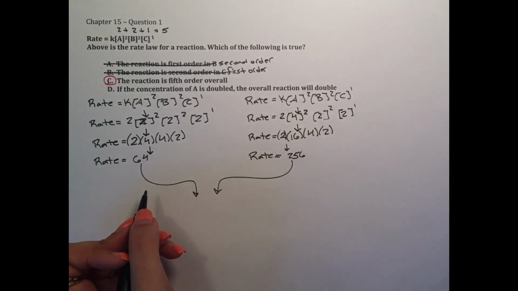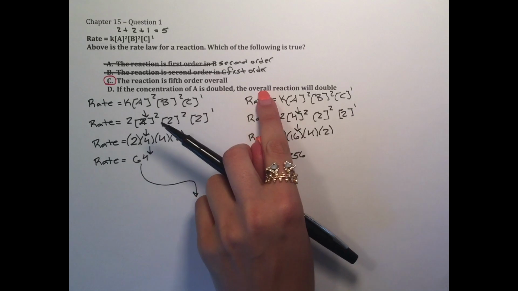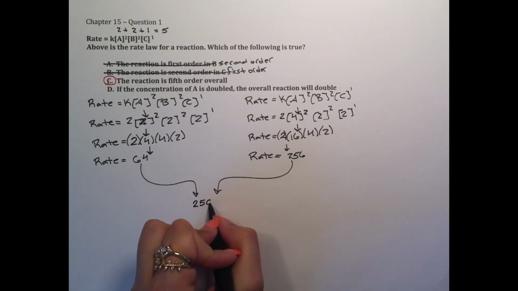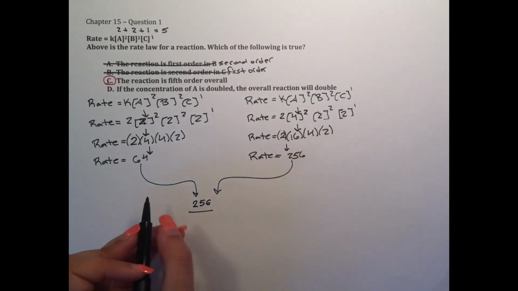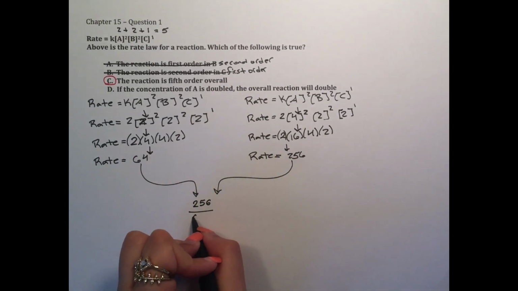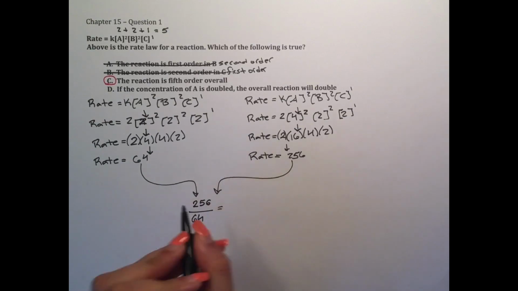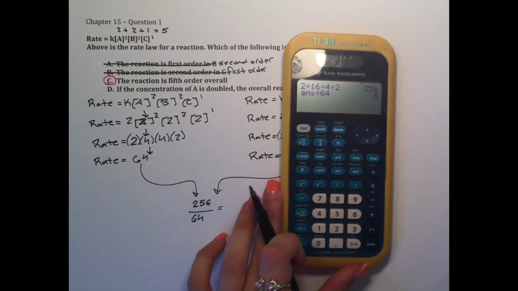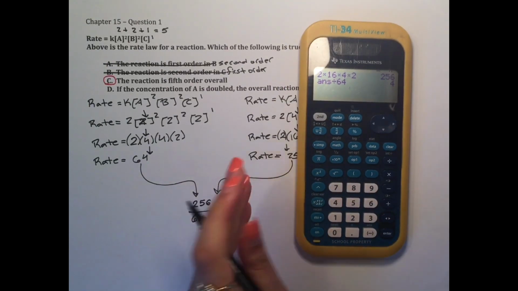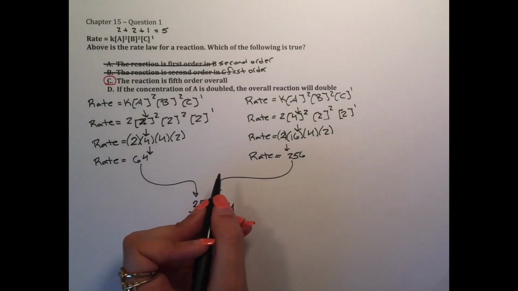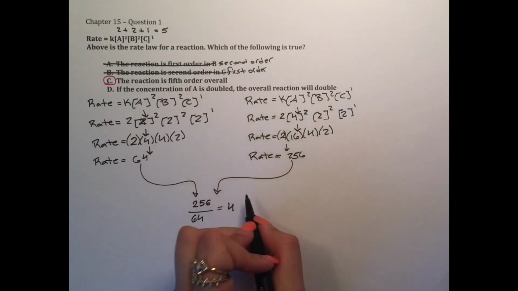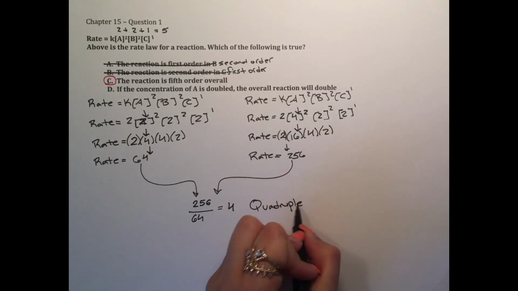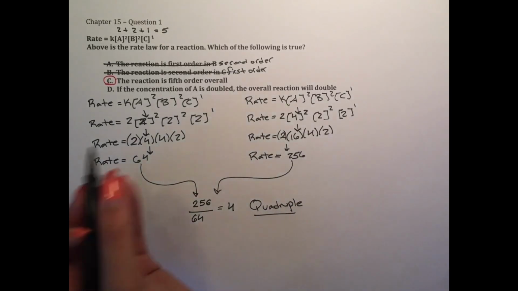So now, in order to find what happened to the overall reaction, we're going to divide what happened after it changed by what happened before it changed. 256 divided by 64 gives us 4, which means that by doubling the concentration of A, we quadruple the overall rate.